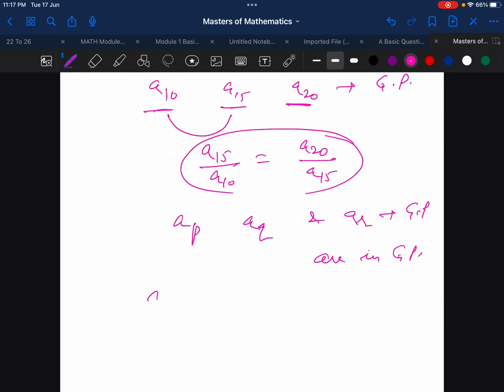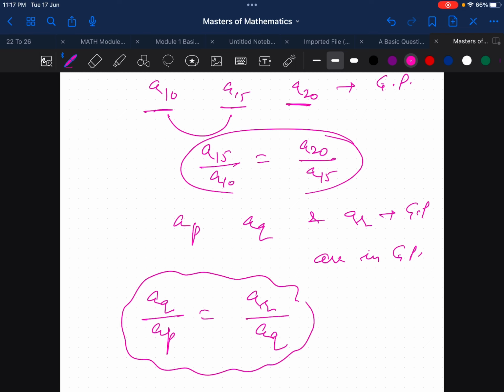It means the Qth term divided by the Pth term will be the same as the Rth term divided by the Qth term. This is my target. I hope everyone has understood now.